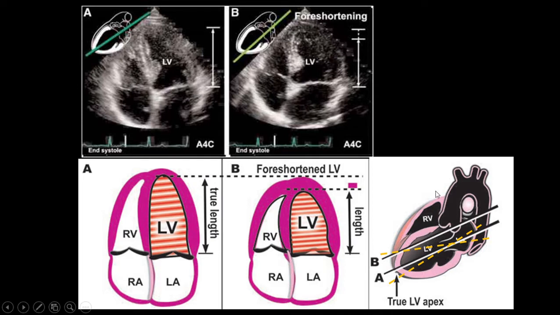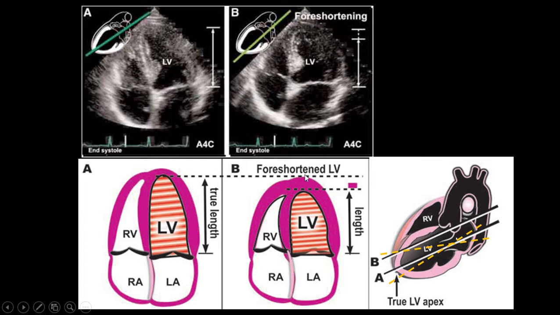How can we differentiate between foreshortening and the correct apical 4? As a general rule, when we have foreshortening, the heart becomes more round in shape compared to the correct apical 4, which is bullet shape, especially the left ventricle. But in foreshortening, the heart becomes more round.